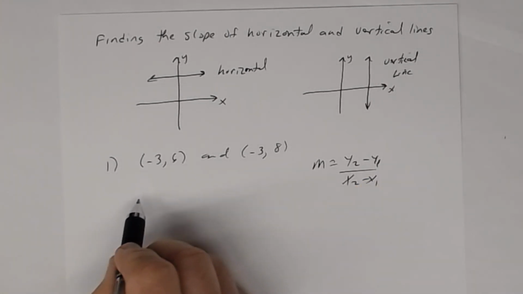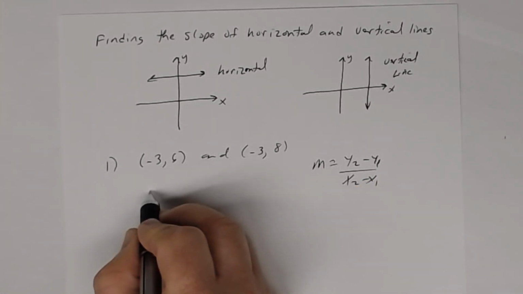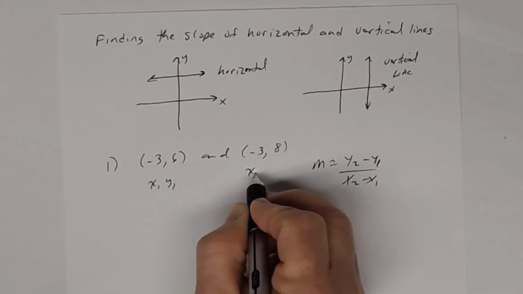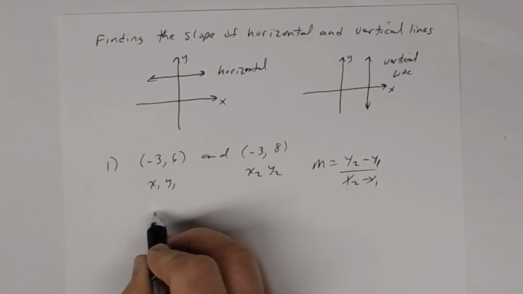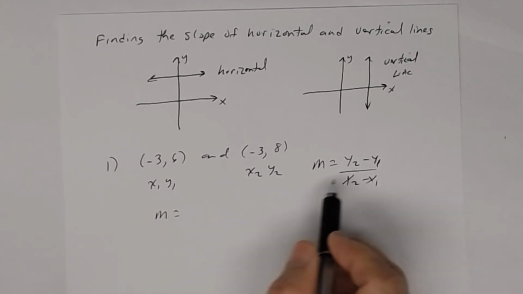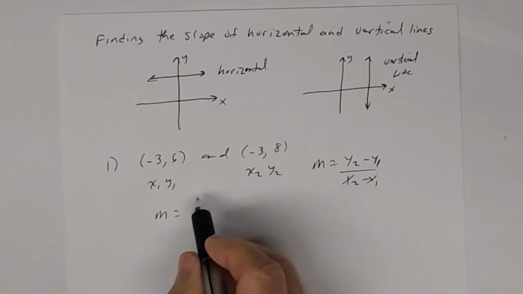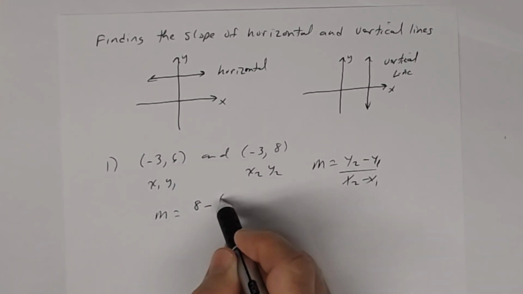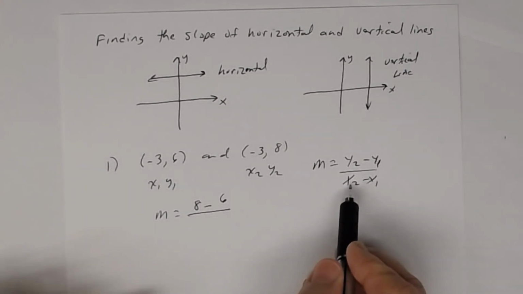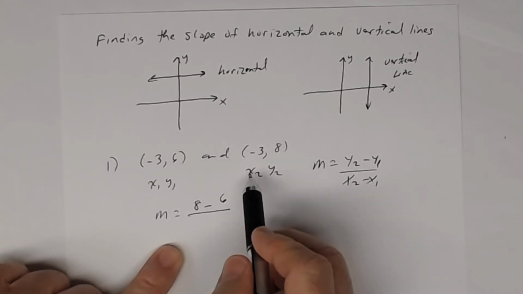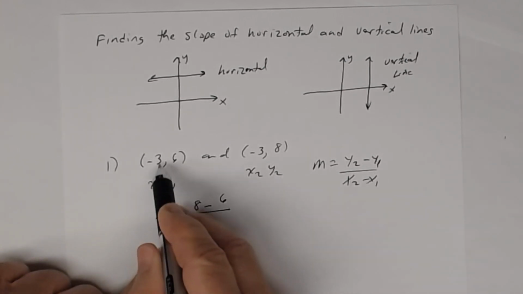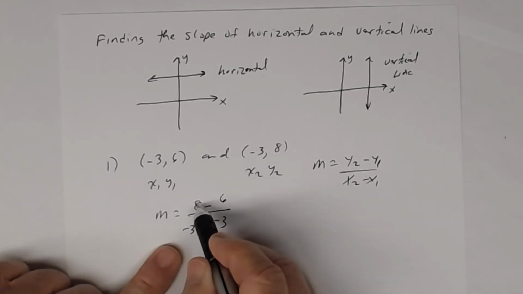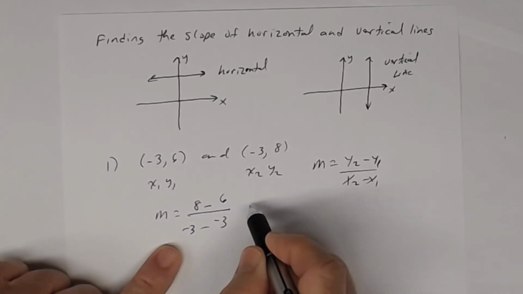Let's go ahead and label those points. This point will be x1, y1, and this is my second point, x2, y2. Using the slope formula, I get y2, which is 8, subtract y1, which is 6, divided by x2, which is -3, subtract x1, which is -3. Now, 8 subtract 6 is easy, that's 2.